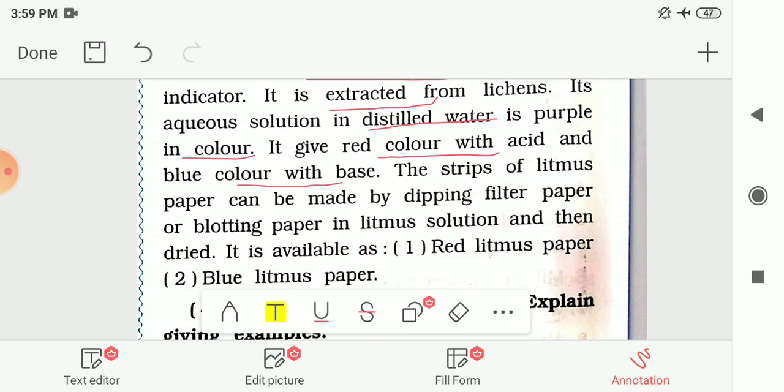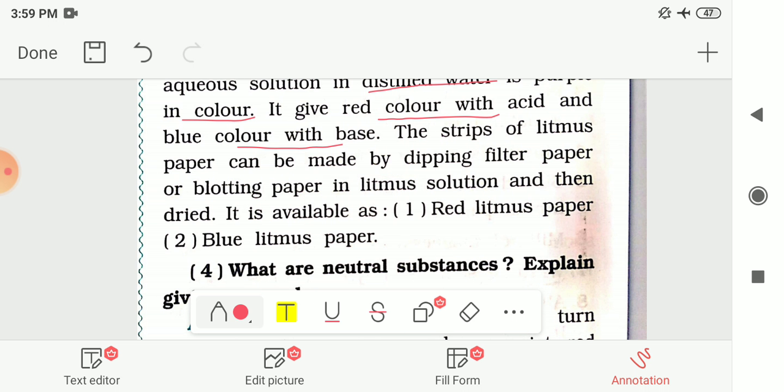The strips of litmus paper can be made by dipping filter paper, or you can say blotting paper, in the litmus solution and then drying it. As in the activity we had seen, we can get the litmus paper by dipping filter paper or blotting paper, that means thin sheets of paper, in the litmus solution, and then we have to dry that paper.